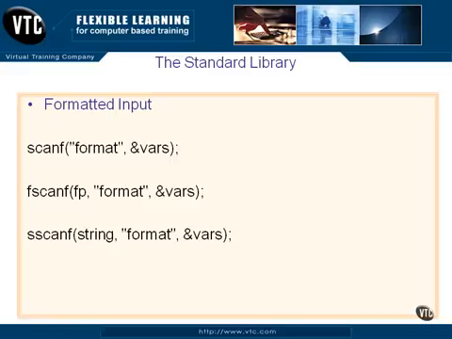We don't care what the values currently are of those variables. We want where they are, because scanf is going to read information from standard in, reformat it according to the format string, and place it into those variable locations. fscanf does the same thing using a file pointer instead of the standard in, and sscanf reads a string, reformats it according to the format string, or plucks things out of it and puts those little items into these particular variables.